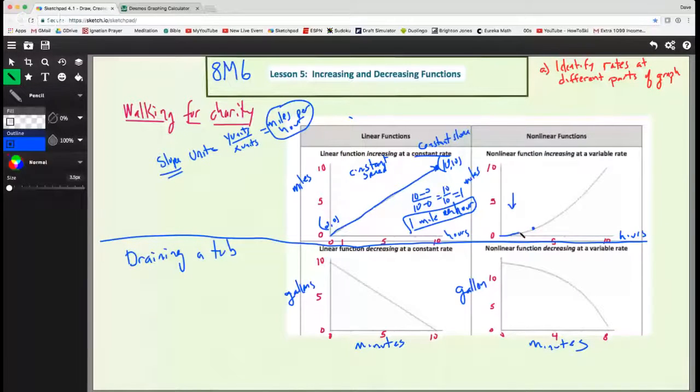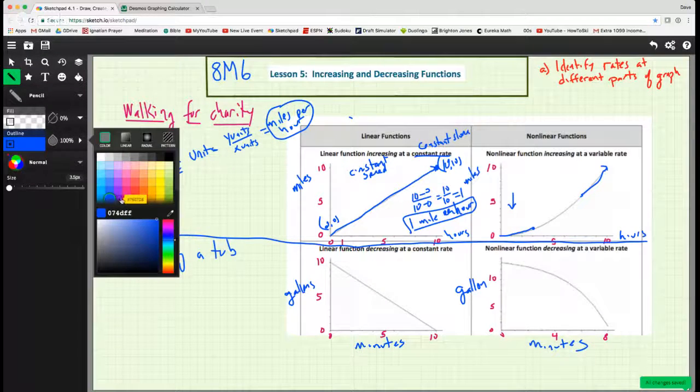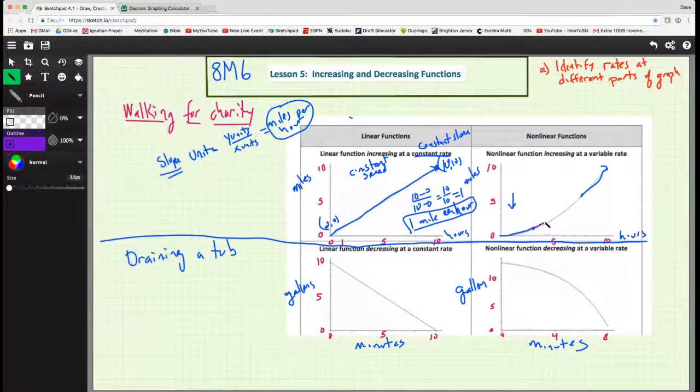That'll be this. We have the second part of the graph. Let's say that that's this. And then the third part of the graph will be this. And I'll make the second part purple so we can differentiate. 3 different parts of the graph.